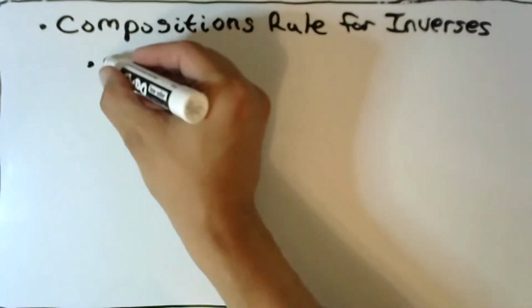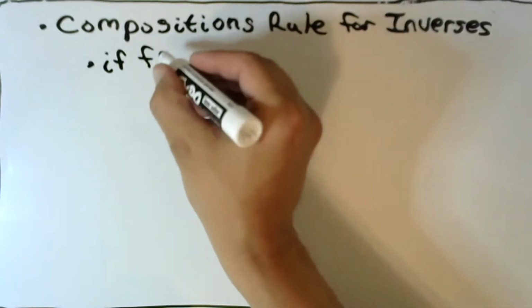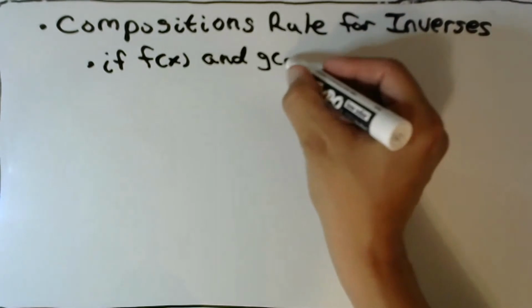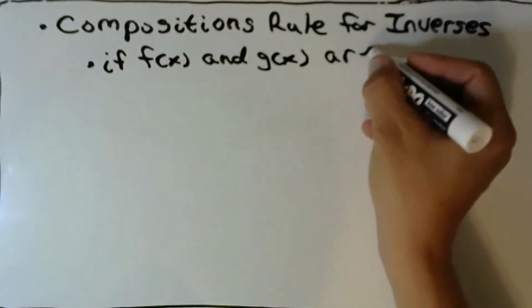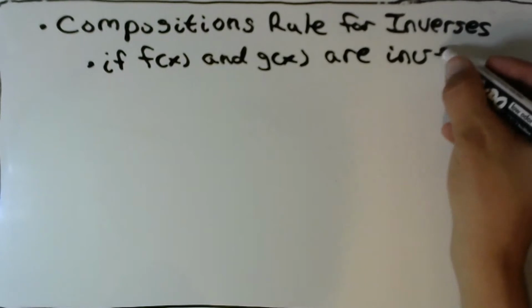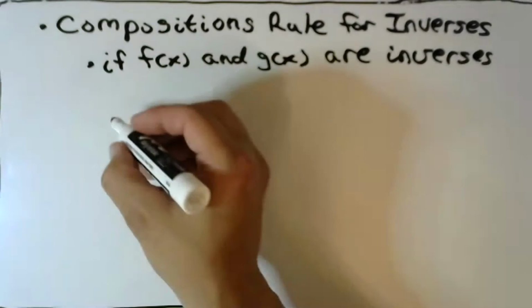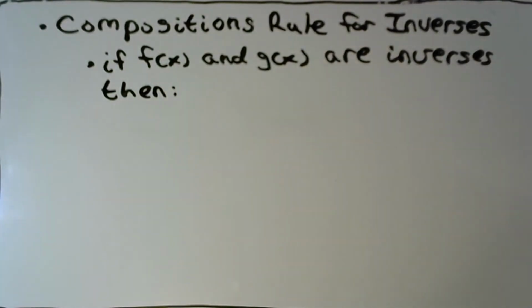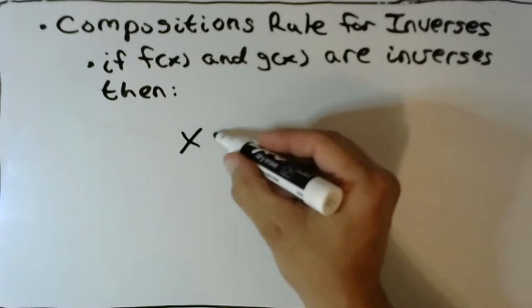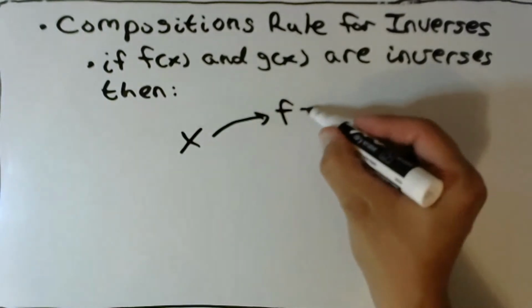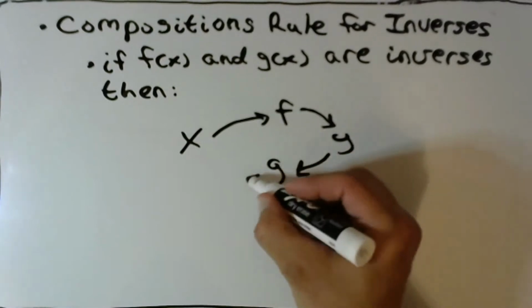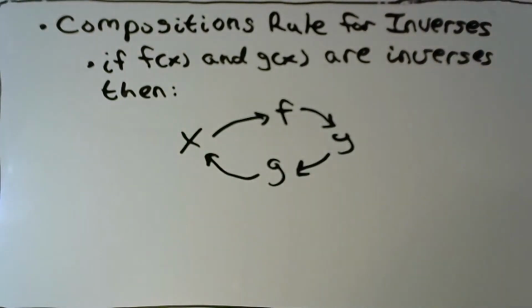If f of x and g of x are inverses, then the following happens. What I mean by inverses is that if you take x, it goes into f, and you get y. Then if you put y into g, g will give you x again. So g plays the role of f inverse.